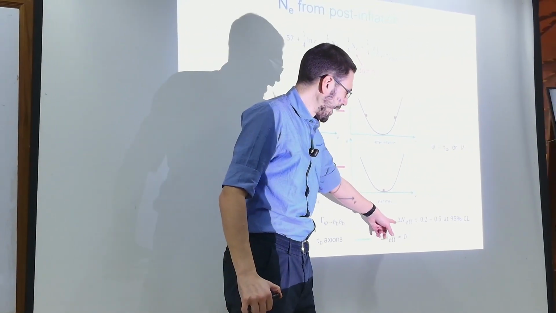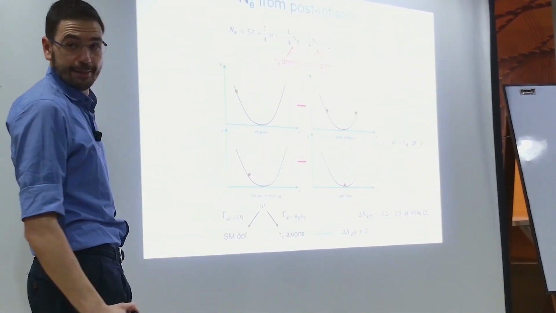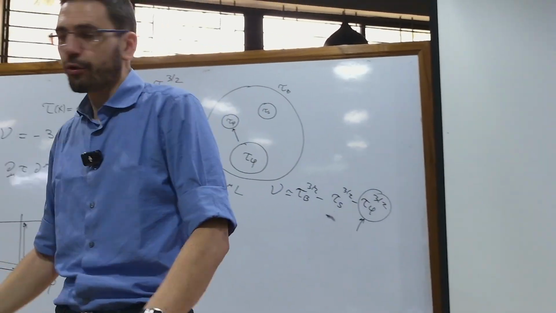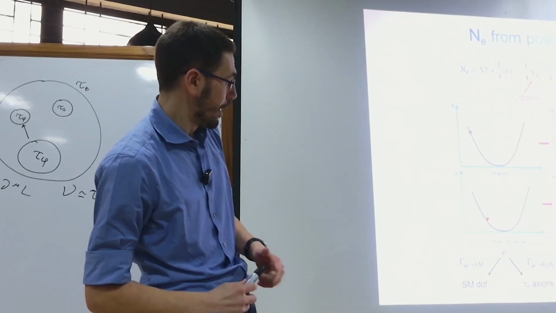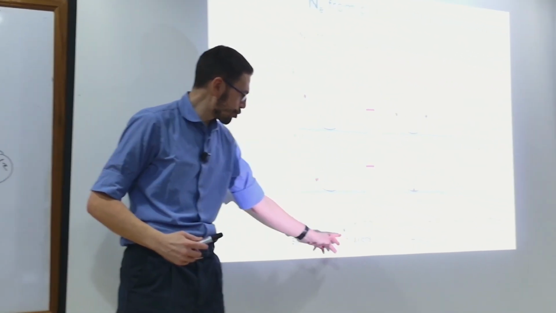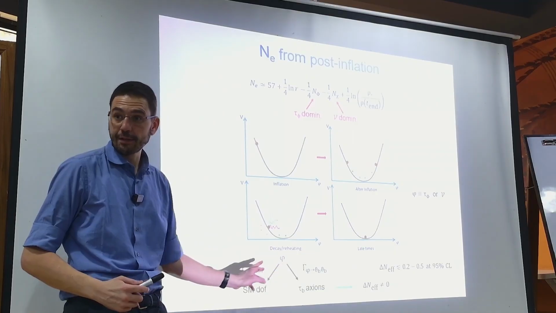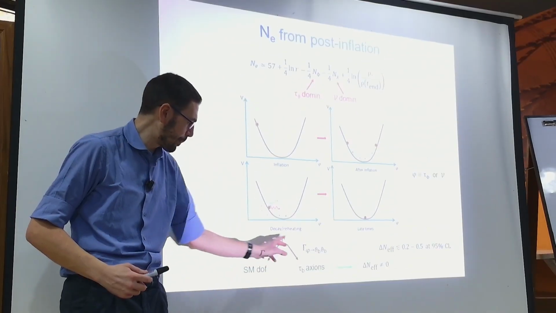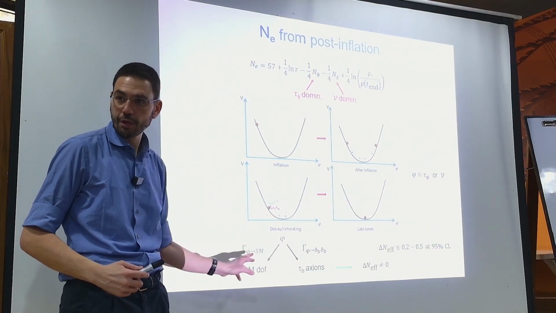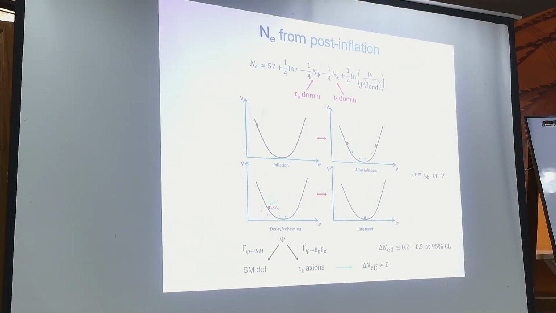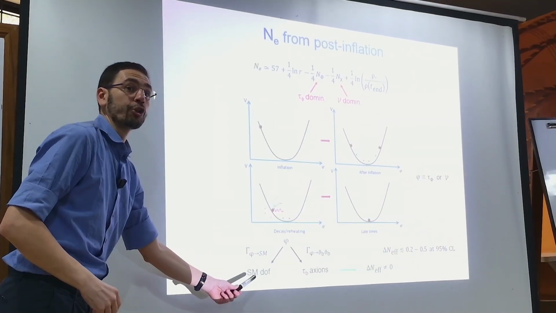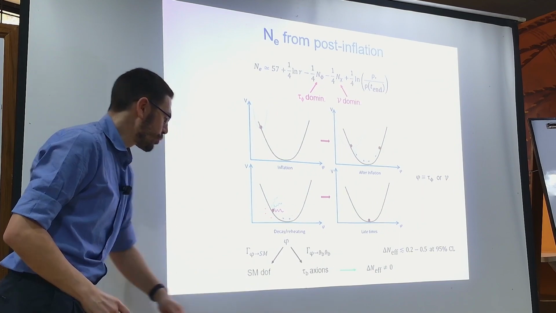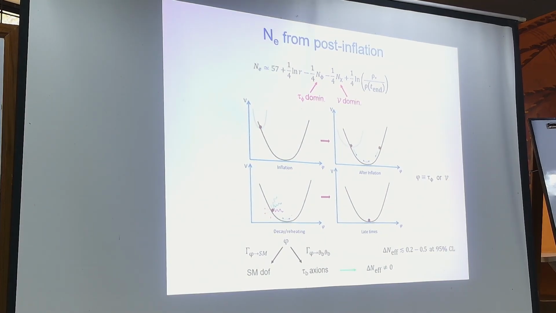However, present bounds on delta N_eff you see are pretty tight, so you cannot have too much. You can have at most something of order 0.5, at 95% confidence level, and that sets strong constraints on the decay rates here, because how much you produce will depend on the branching ratios here, which in turn depend, we will see, on basically this decay channel, because this is more model dependent, because it depends on where the standard model sits here.